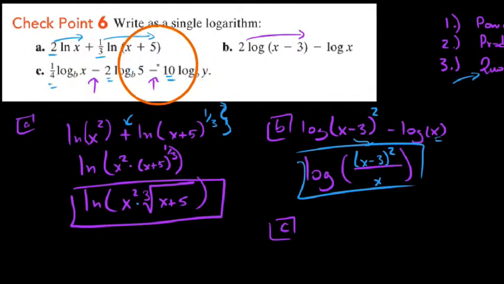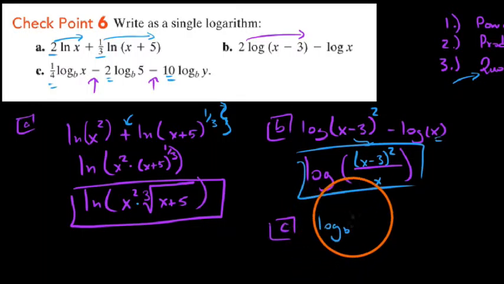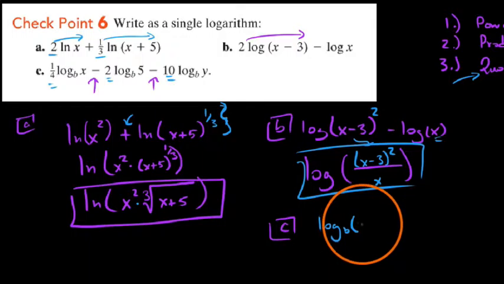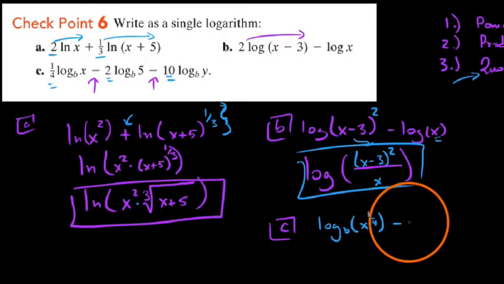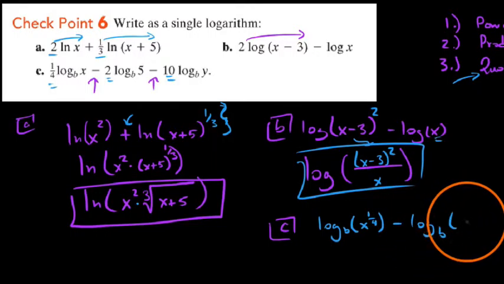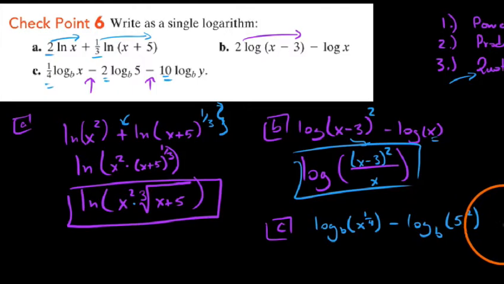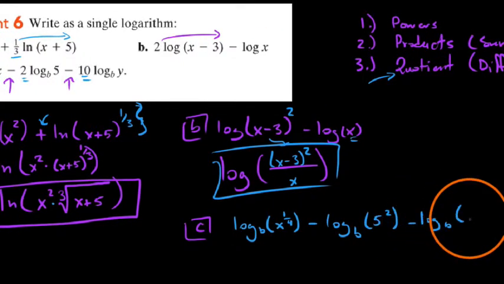So I'm going to put these powers back on, and it would look like this. We have log base b of x to the 1/4, minus log base b of 5 to the 2nd, minus log base b of y to the 10th.